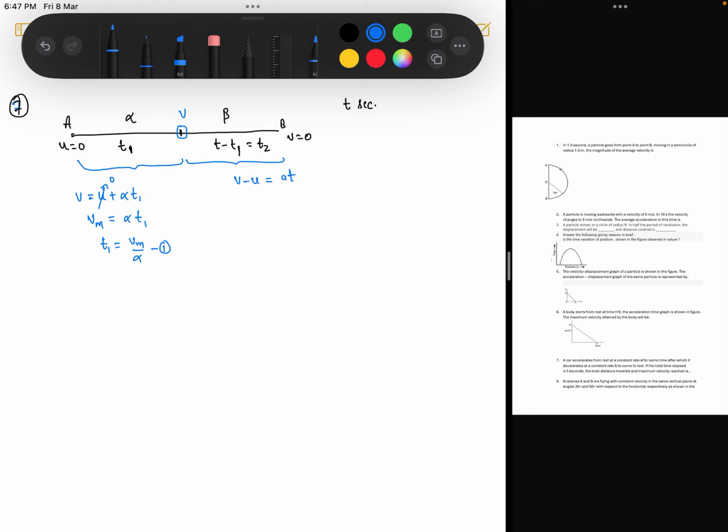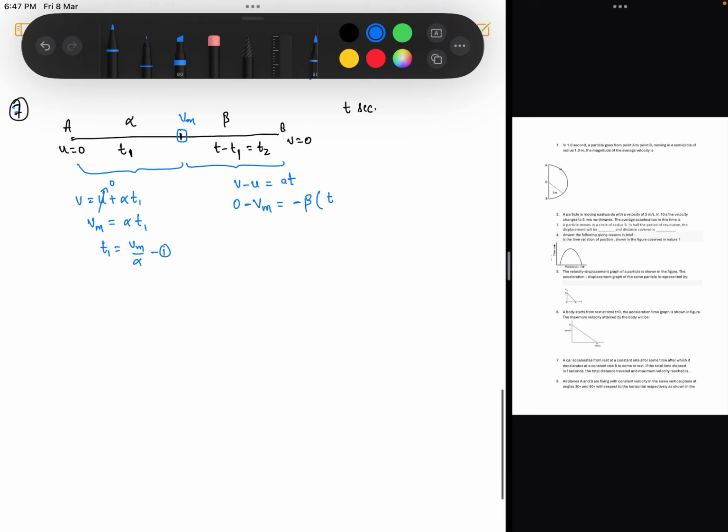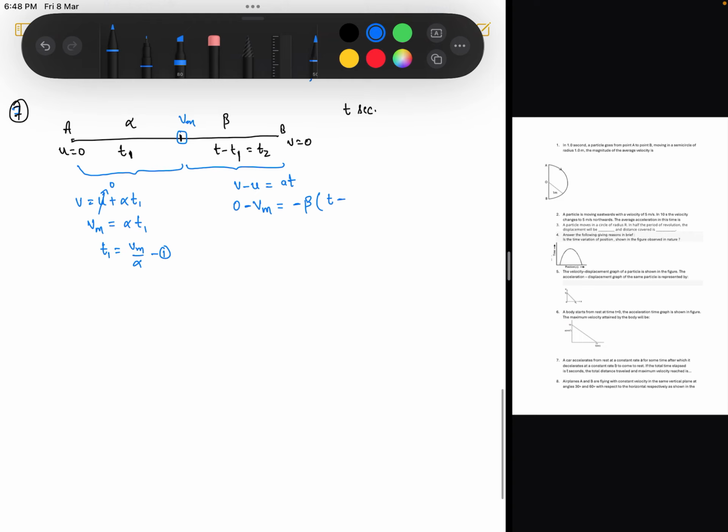Using this, v final is 0 and v maximum will be the initial velocity now, so v maximum is equal to negative of beta into t2, that is t minus t1. So t minus, we will put the value of t1 here, that will be v maximum divided by alpha.